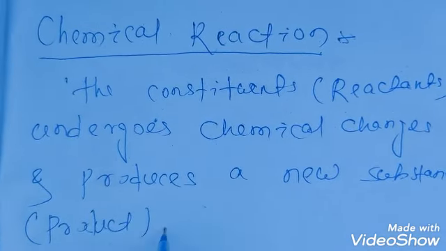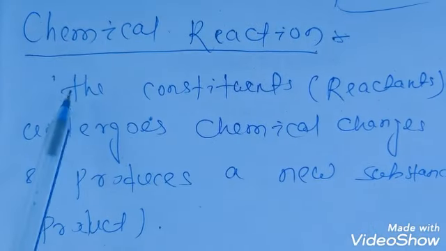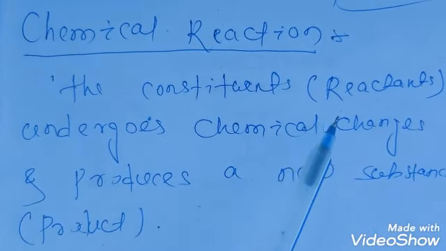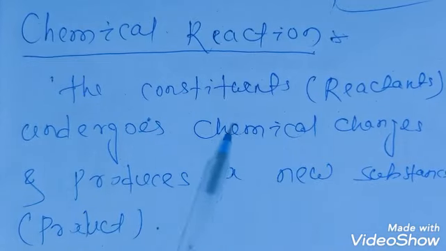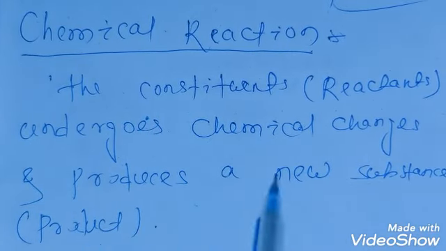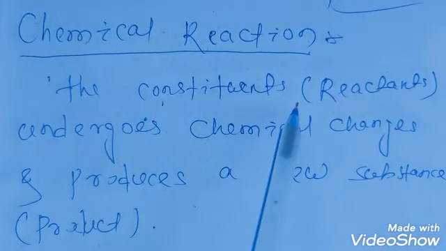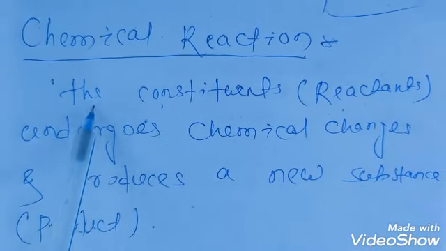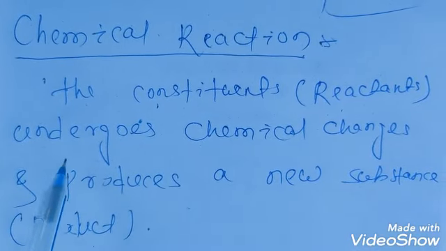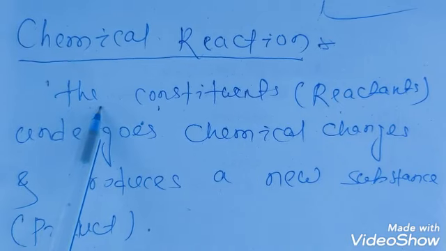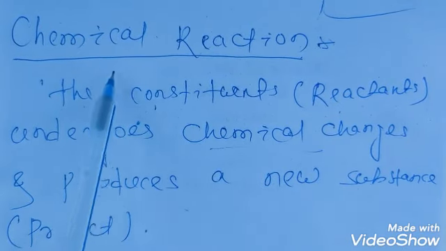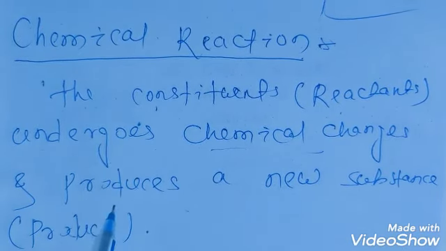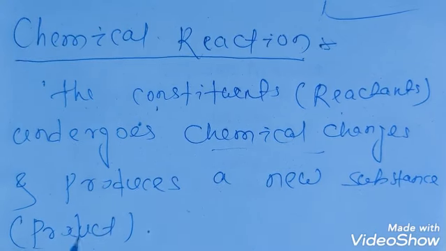That process is called a chemical reaction. So a chemical reaction involves two processes. First, the constituents are called reactants, and these reactants combine with each other, and that combination is called a chemical change. That combination can produce a new substance that is called the product.